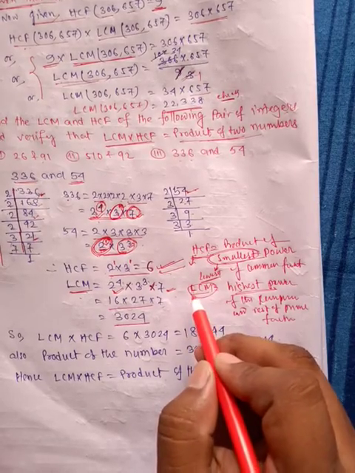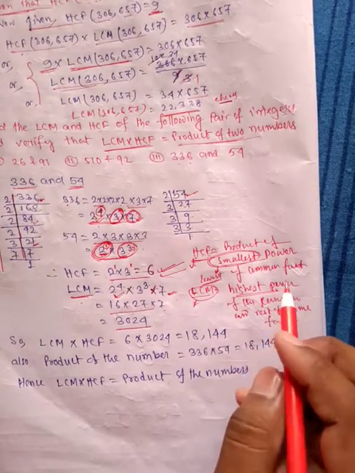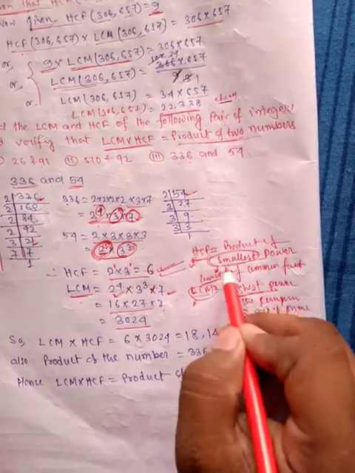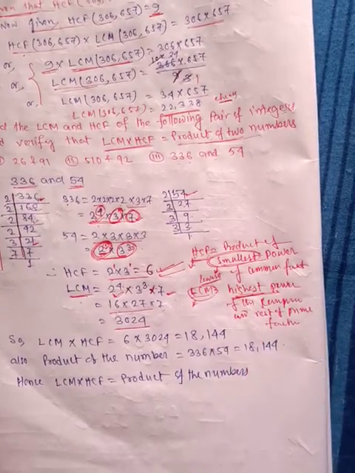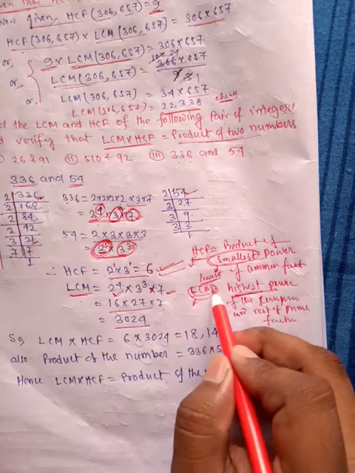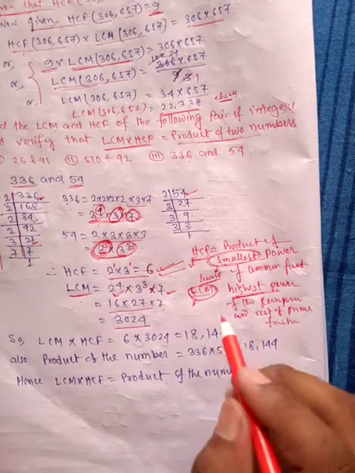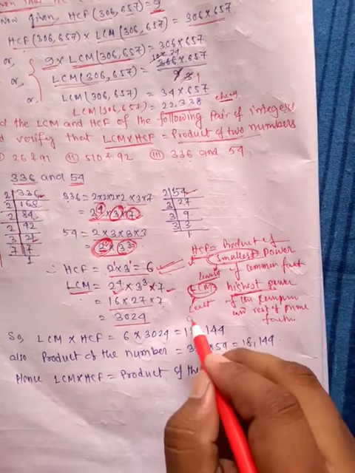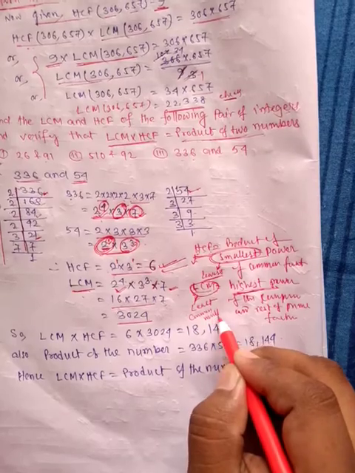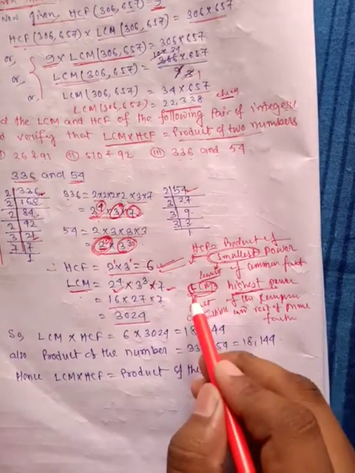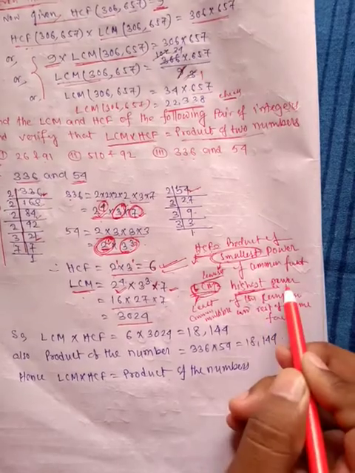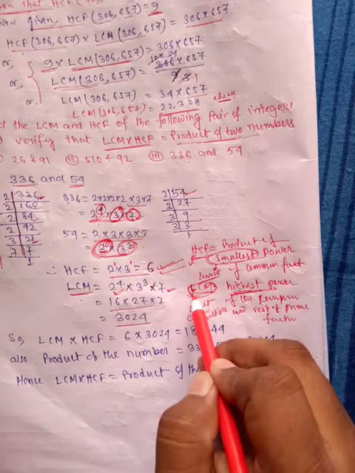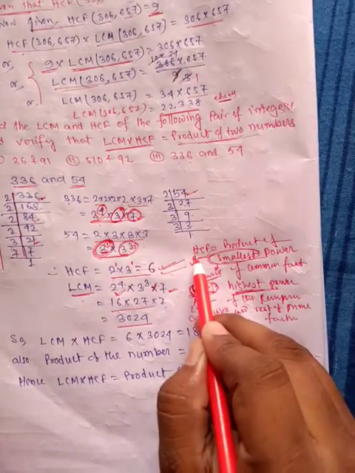Sorry, I have told you mistakenly. LCM means least common multiple. So here the name is least, so I have taken the highest power. When the name is highest, I have taken the smallest power. So when the name is least, take the highest power, when the name is highest, take the smallest.